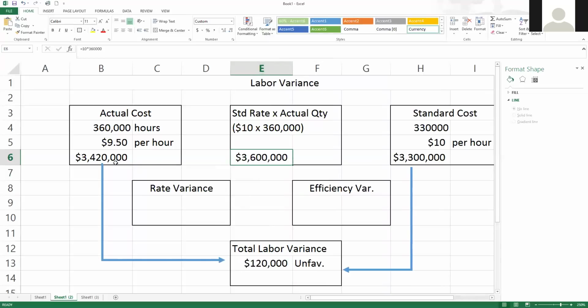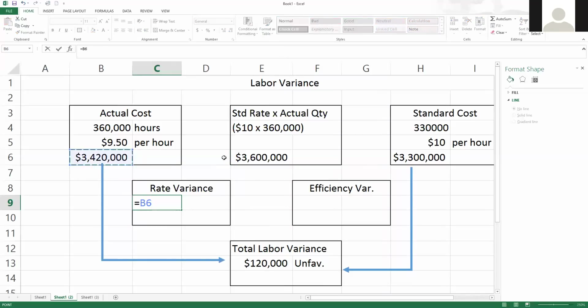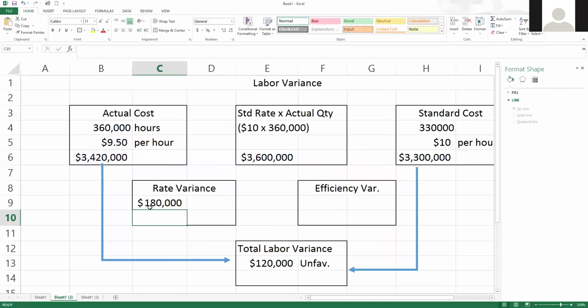Now, the left box, the rate box, is going to compare the left and the center. I like to do the bigger one first so that the numbers don't end up negative, but I have to make the decision on whether it's a bad news result or a good news result. Well, if we look at what we're comparing, this number represents $9.50 times 360,000. This represents $10 times that same 360,000.